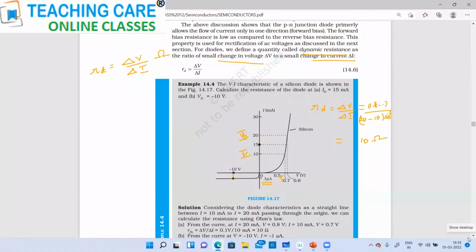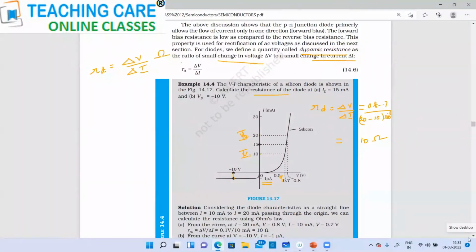How did we find the initial value here? They gave us ID at 15 milliamps. They have asked the question, calculate the resistance of the diode at 10 volt. According to the question, they are answering.